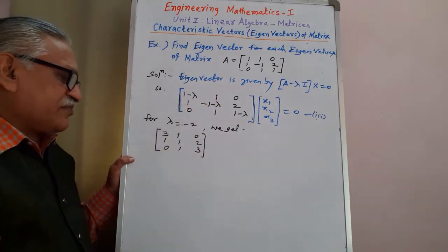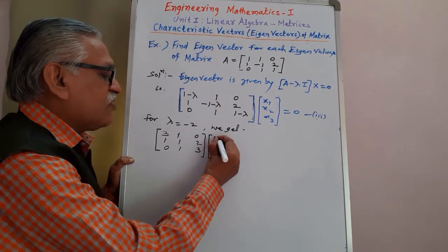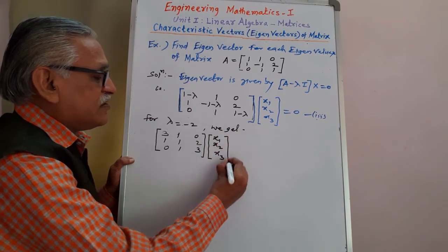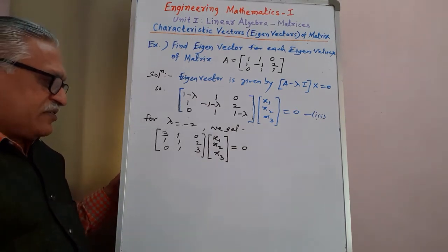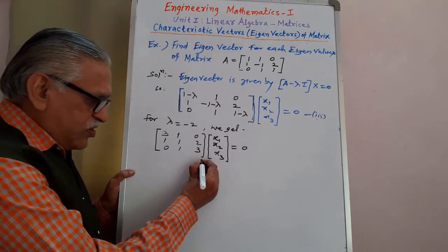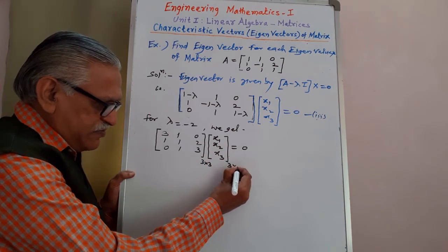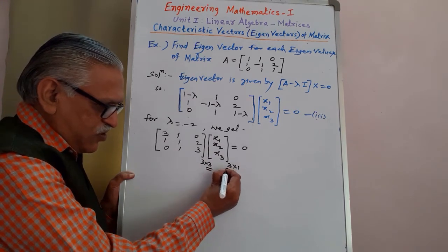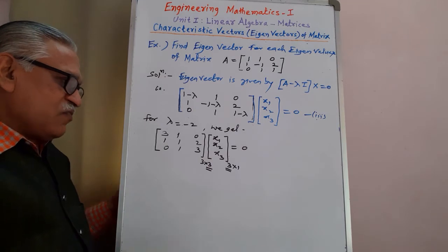This is the matrix which we have to multiply by the column vector of x1, x2, x3 and equate to the 0 matrix. Here the order of the first matrix is 3 by 3 and the order of the second matrix is 3 by 1. The number of columns of the first equals the number of rows of the second, and that's why matrix multiplication is possible.